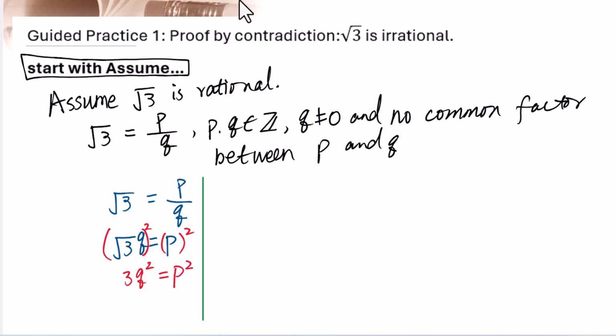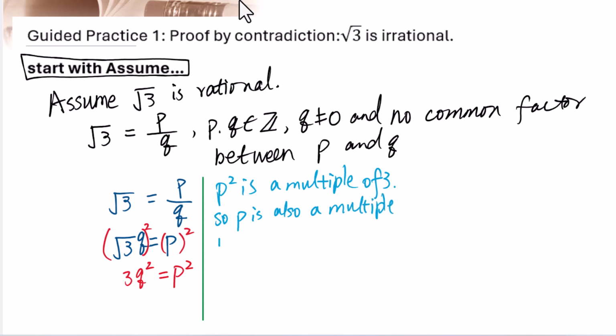Then based on P squared equals 3Q squared, we could say P squared is a multiple of 3. Since 3 is a prime number, P is also a multiple of 3.